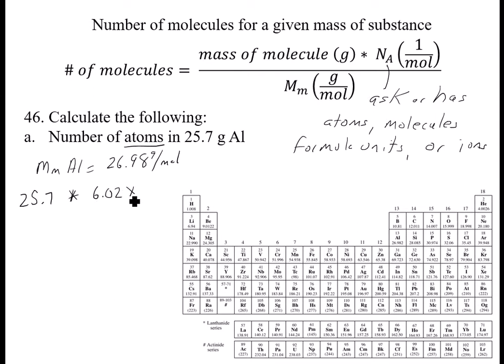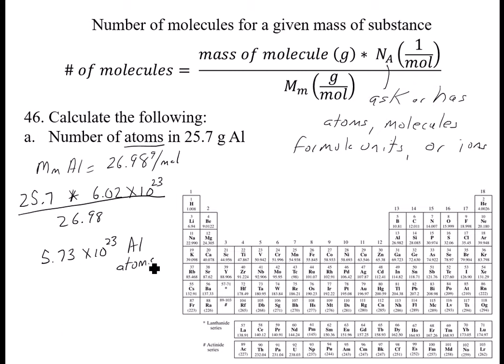It's given to you on the periodic table that I give you, times 10 to the 23rd, divided by the molar mass of 26.98. And when I do that, I get 5.73 times 10 to the 23rd aluminum atoms.